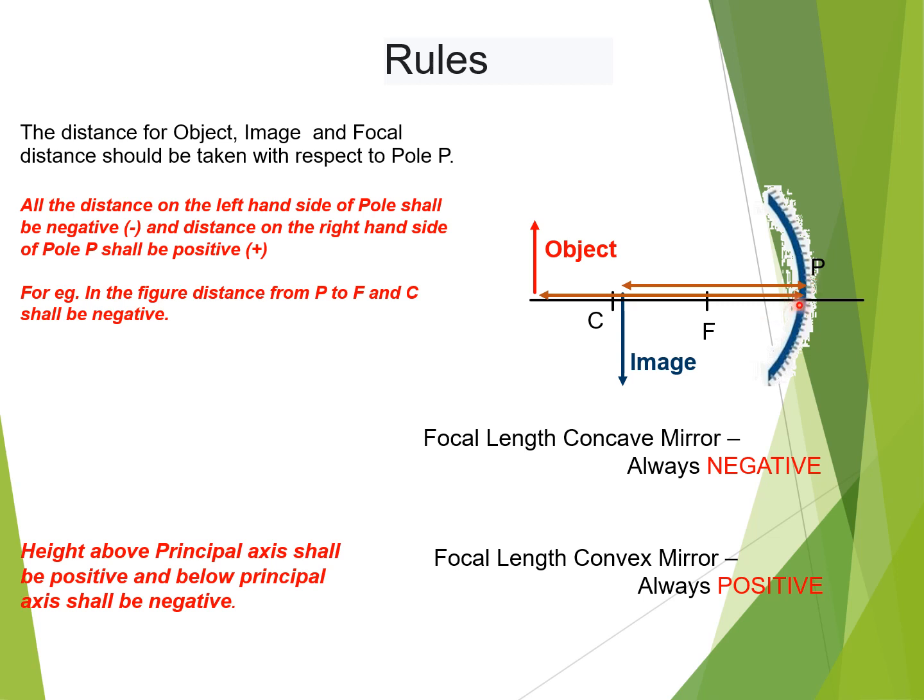So once again a revision: left hand side all dimensions are negative, right hand side all dimensions are positive. Focal length of concave mirror always negative, focal length of convex mirror always positive. Dimensions above the principal axis positive, dimensions below the principal axis are negative.